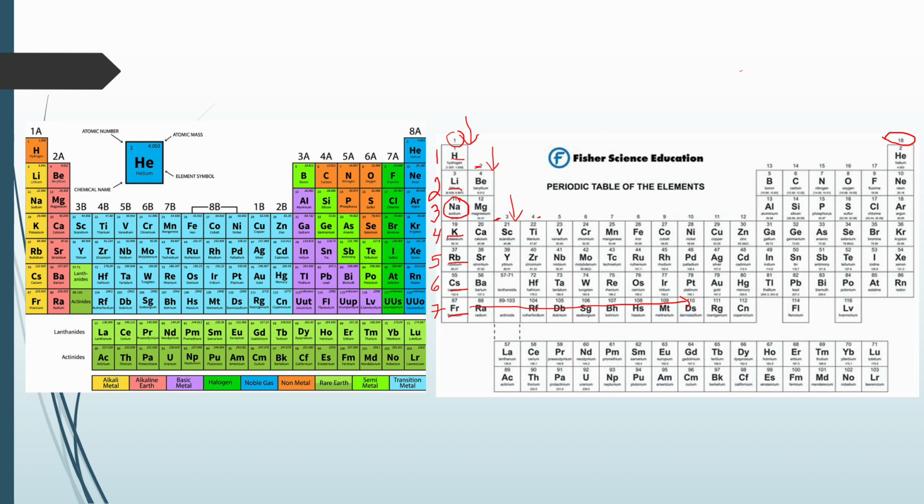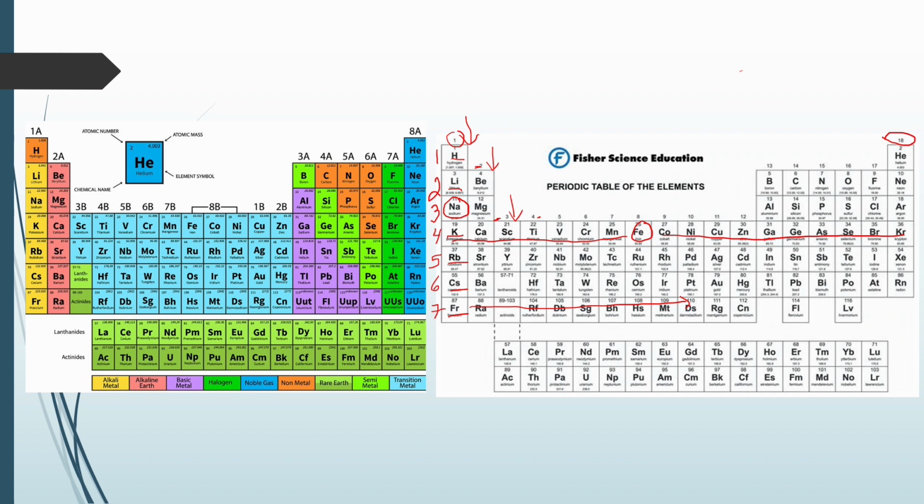On the periodic table, here's iron, and then you're asked to find another element within the same period as iron. That could be any one of these elements to either side of iron, because those all fall within period 4.